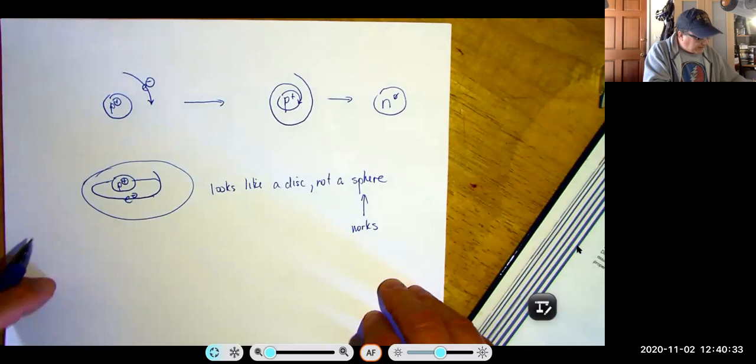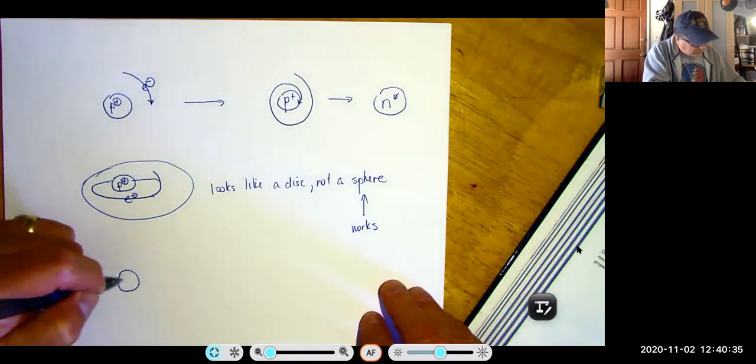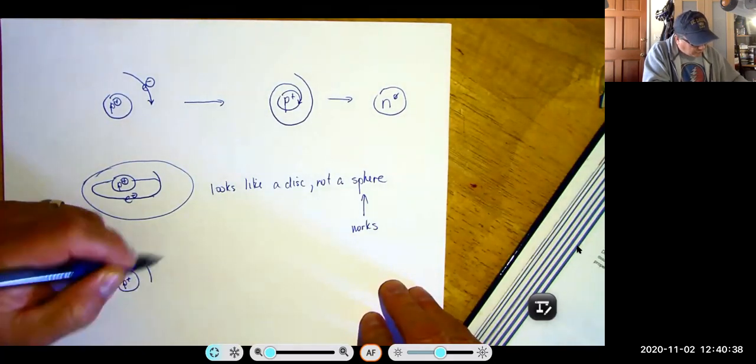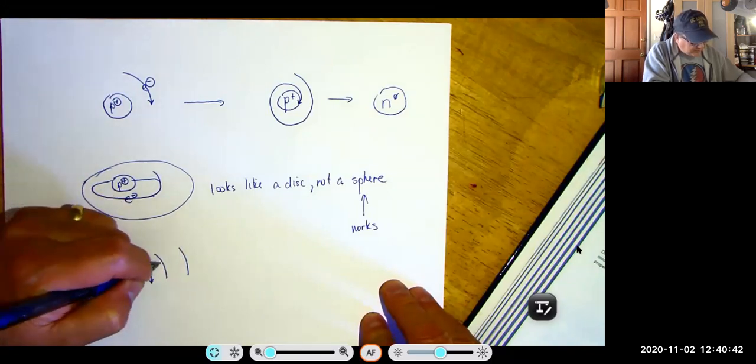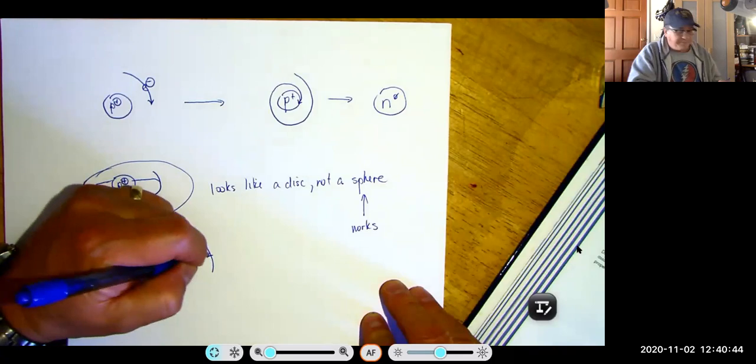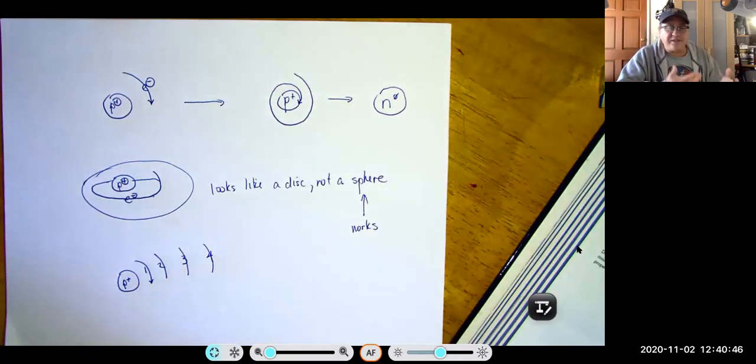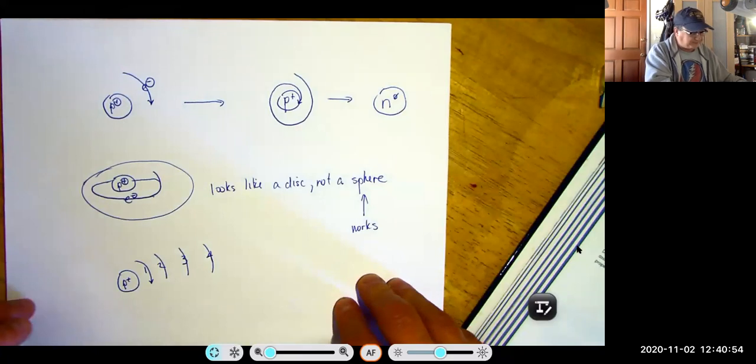Plus, you have this idea that you can have the electron in these different orbits, 1, 2, 3, 4, but there's no good reason given why. So here are some problems with Bohr's model.